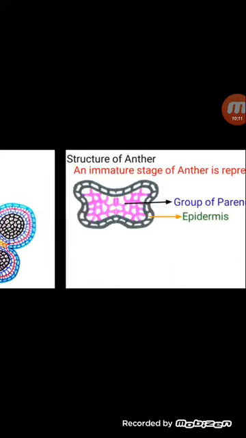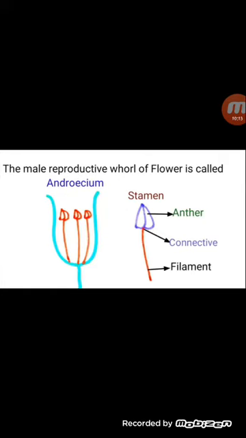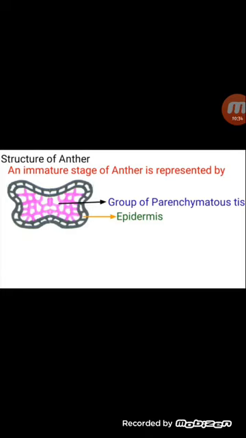So the first point, structure of anther. Anther is the male reproductive whorl of flower. It is called androecium. Individual member is called stamen. Stamen is made up of anther, connective and filament. Structure of anther: an immature stage of anther is represented by a group of parenchymatous tissue and epidermis.